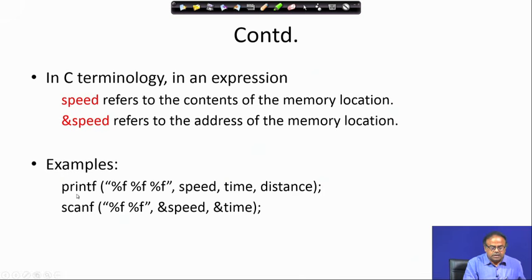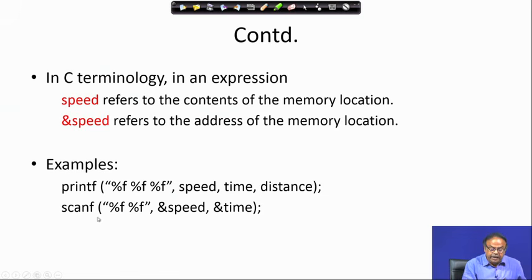So, let us come to this example, printf("%f %f %f"). That means I am going to print 3 floating point numbers, and what are the variables? 3 floating point values: speed, time and distance. That means, look here, I am going to print the contents of the memory location speed, the content of the memory location time, the content of the memory location distance.